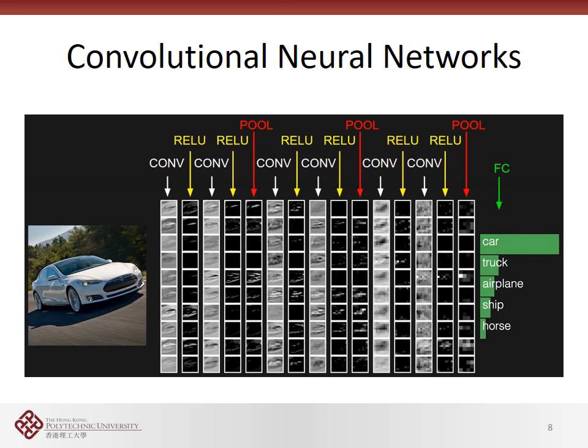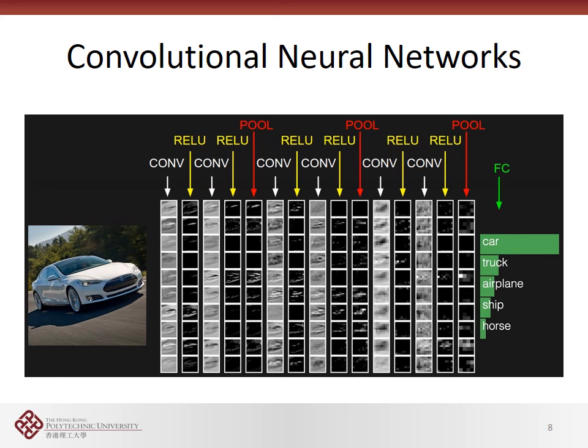So here is an example of a convolutional neural network. We input a car image, and it goes through convolutional layer, pooling layer, convolutional layer, pooling layer, convolutional layer, pooling layer, and finally the fully connected layer. We can have a vector of scores for this image.